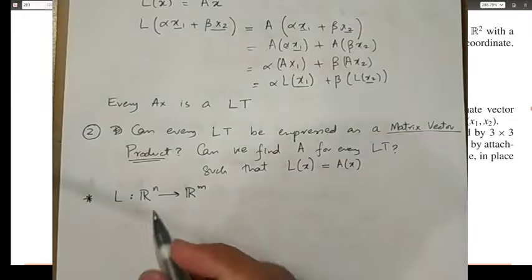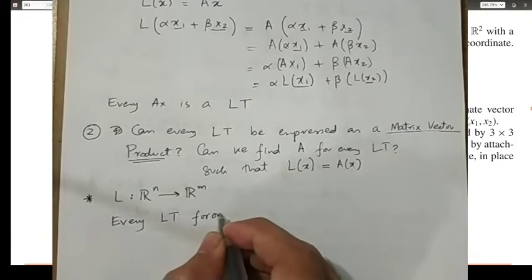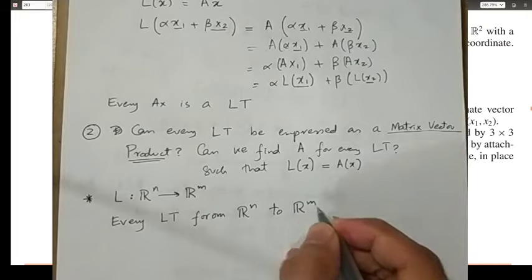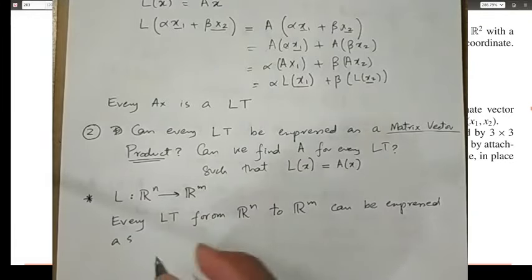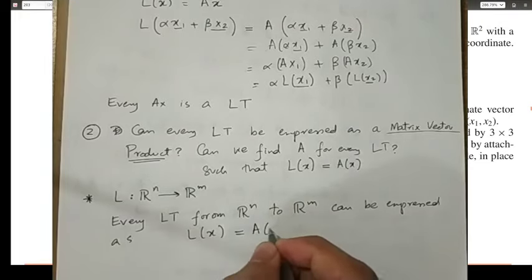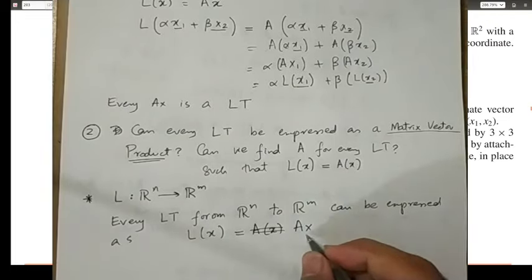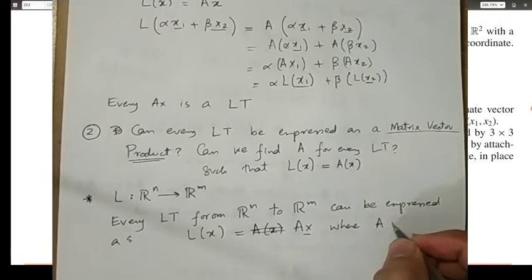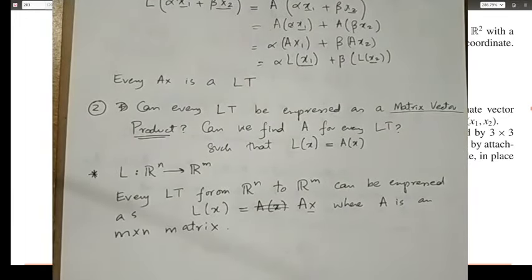We have a simple theorem that says every linear transformation from Rn to Rm can be expressed as Lx equals A times x, where A is an m by n matrix. So how do we find it?